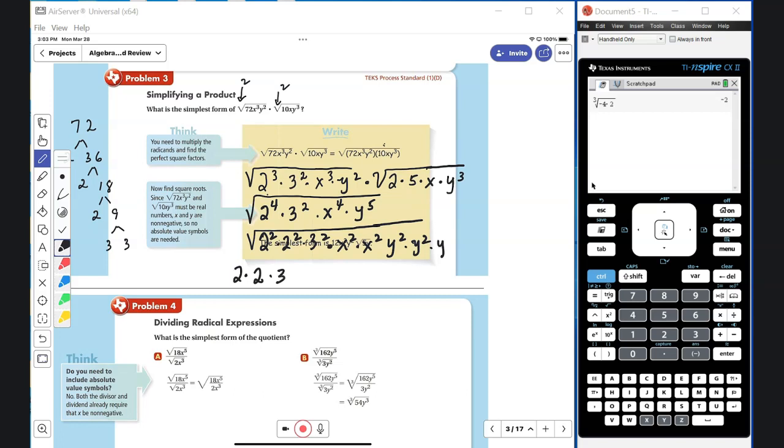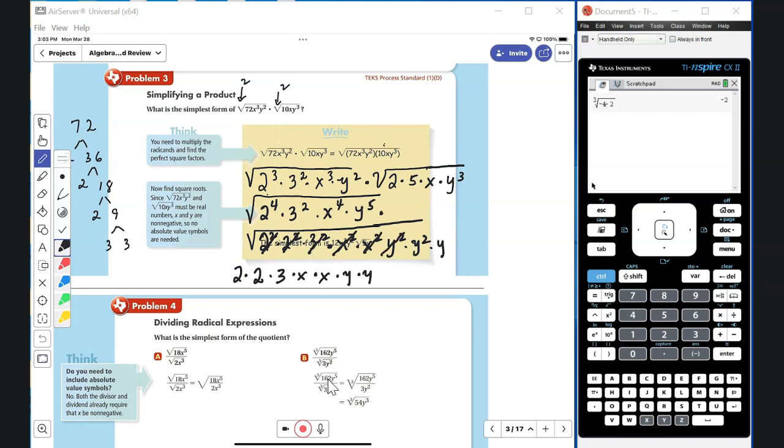And then we have the square root of x squared, which is x, twice. The square root of y squared, which is y, twice. So we got the square root of 2 squared, twice, the square root of 3 squared, the square root of x squared and x squared, and the square root of y squared.